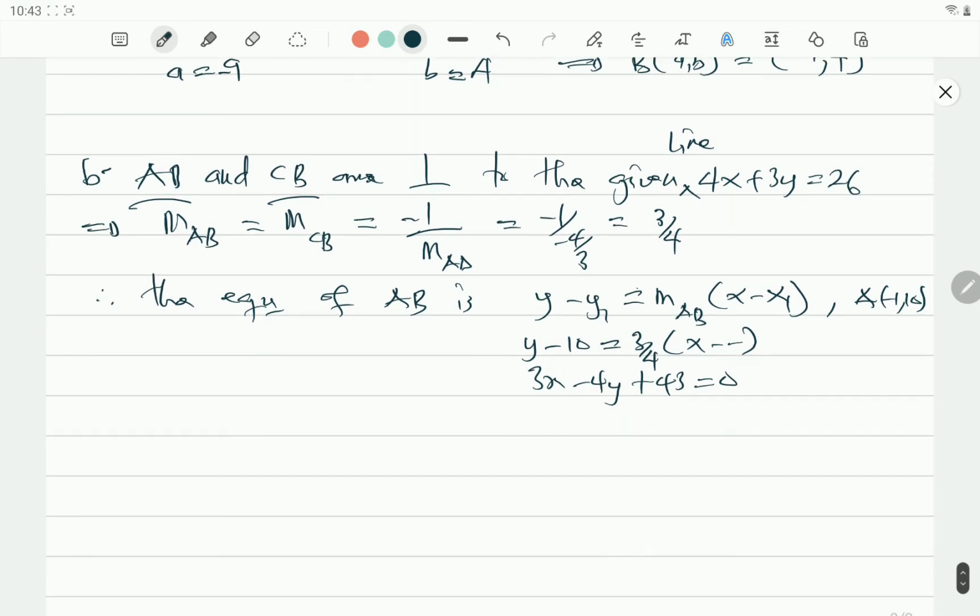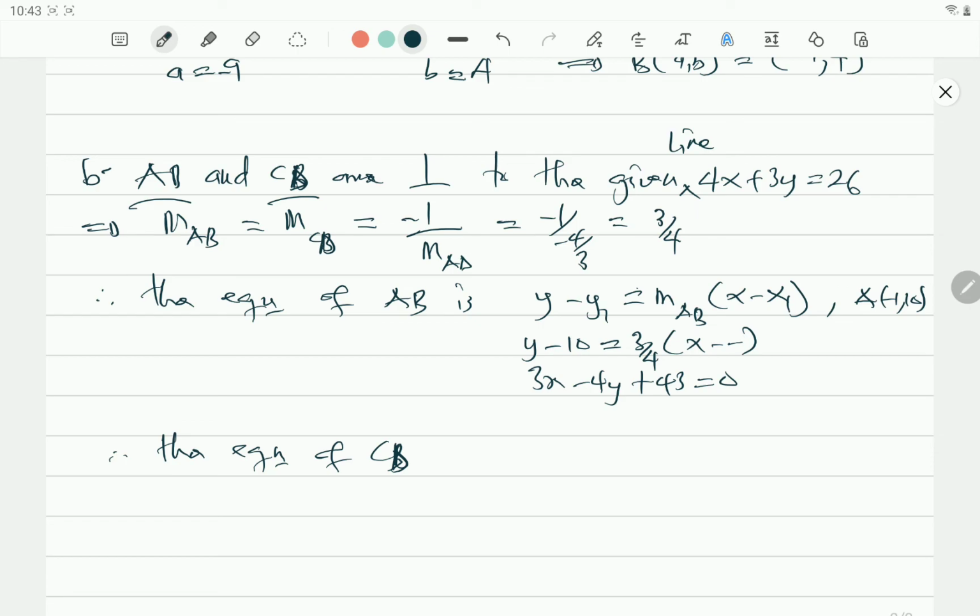Also, the equation of the line CD. It's actually CD, not CB. CD is what we have been talking about as being perpendicular to the given line.